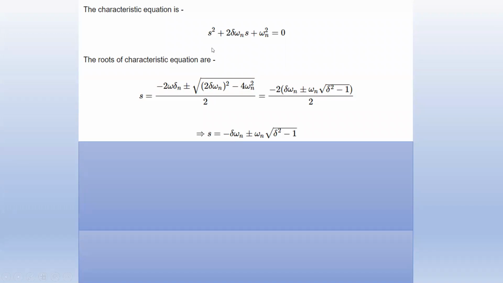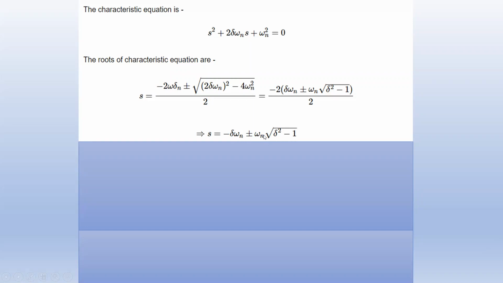If we solve the roots of this characteristic equation using this formula and simplify further by taking 4 common inside the root, taking it out of the root, we have 2 common, and if we cancel this with the denominator, we have the roots of this characteristic equation, which is minus delta omega n plus or minus omega n into root of delta square minus 1.